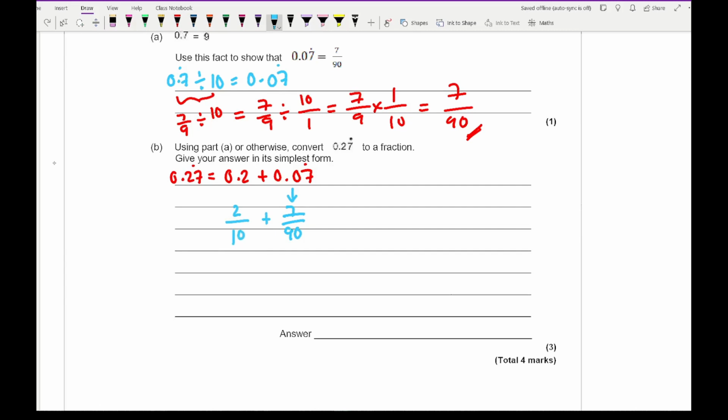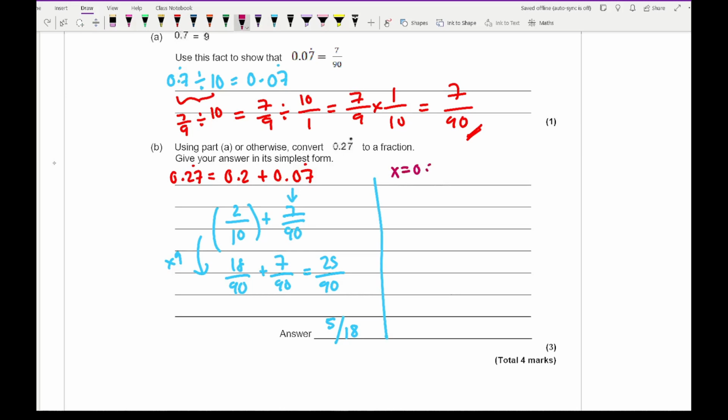Then with a common denominator, I multiply the first fraction by 9 to get 18/90 plus 7/90, which equals 25/90, which simplifies to 5/18.